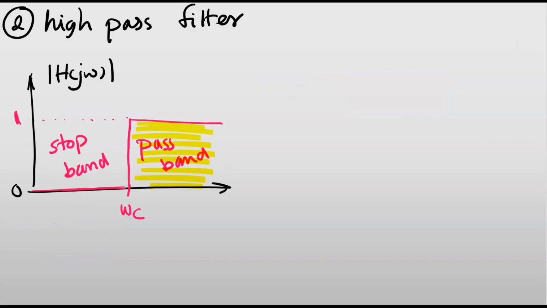The third type of filter that I want to show you here, and we are going to work with this type of circuit later, is the band pass filter. So the third ideal filter is the band pass filter.